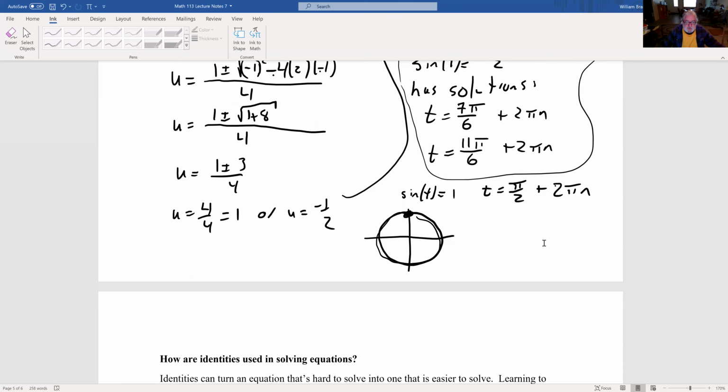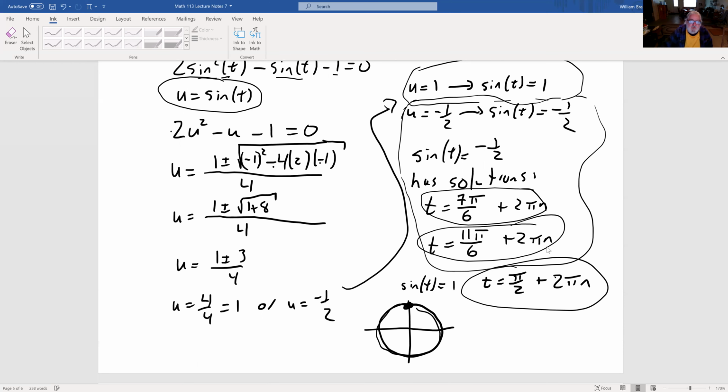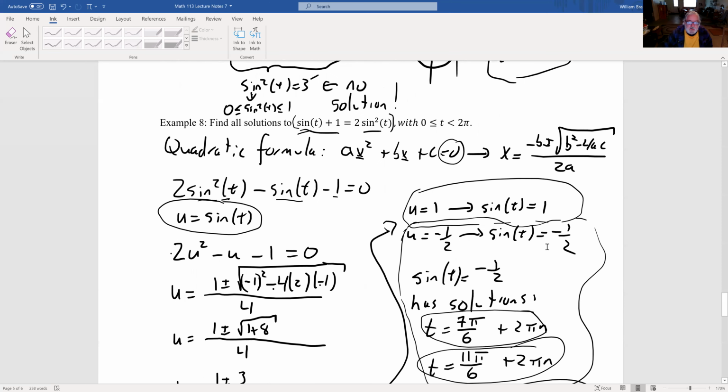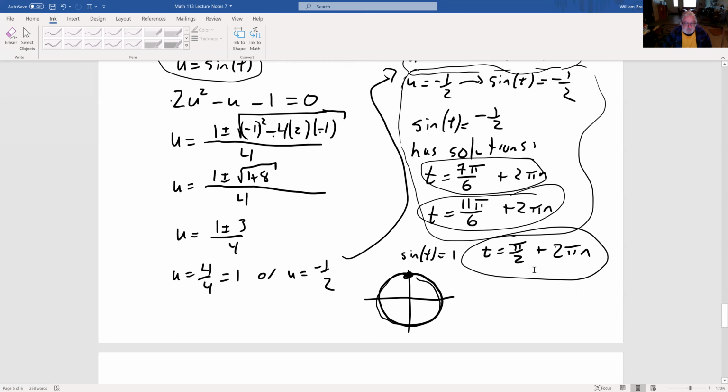And so that gives you all the solutions. There's actually 3 families of solutions. There's this one, and this one. And if you graph the left side of this equation and set it equal to 0, you'll find that it's got 3 x-intercepts: 7 pi over 6, 11 pi over 6, and pi over 2.